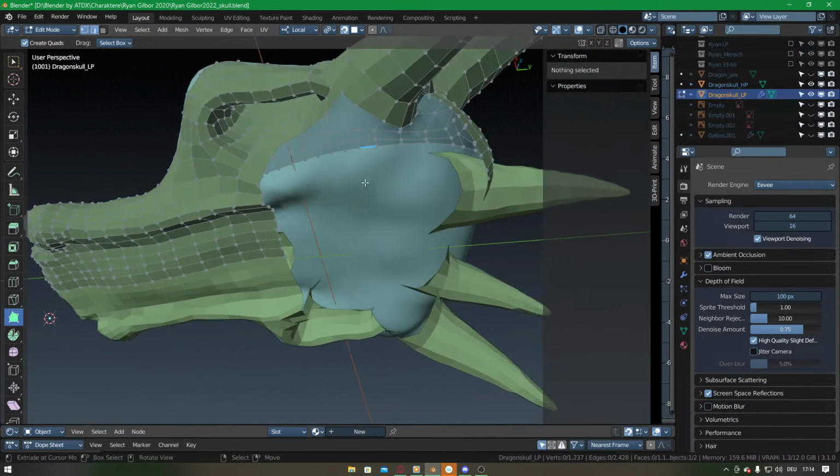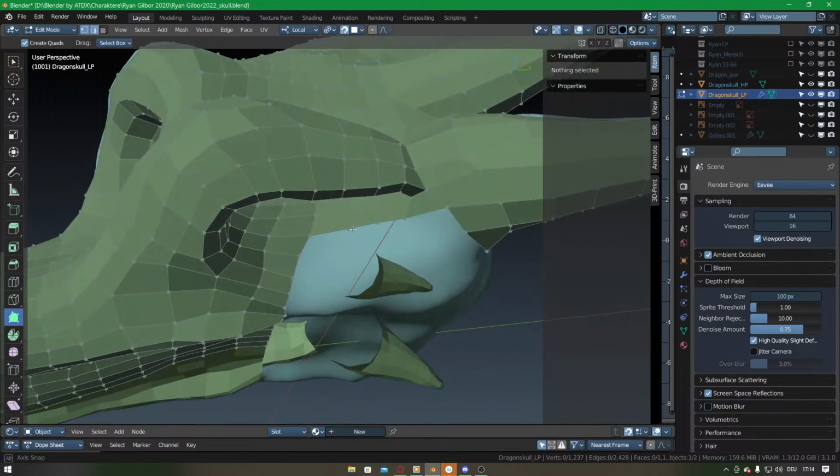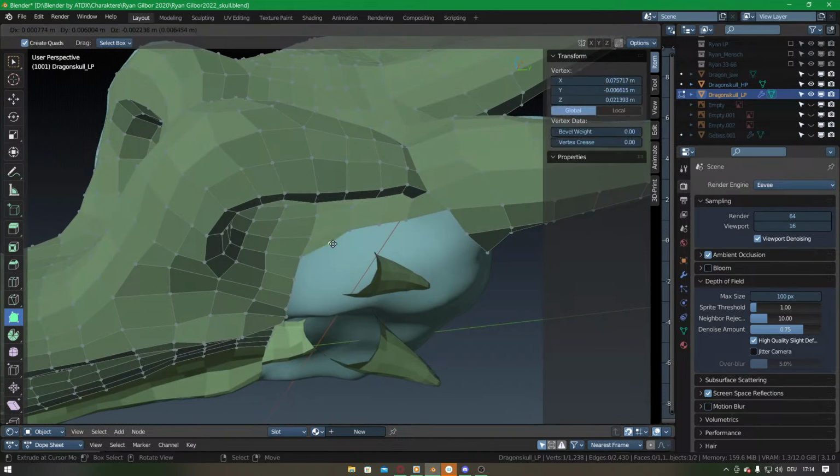Right, and I just have to close this, and then I would end my stream when the skull is done.